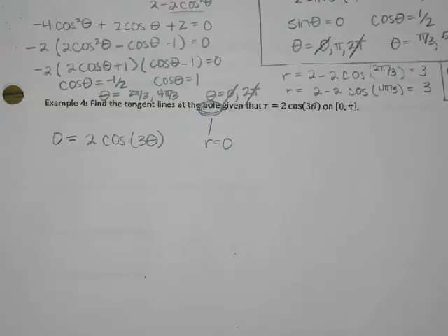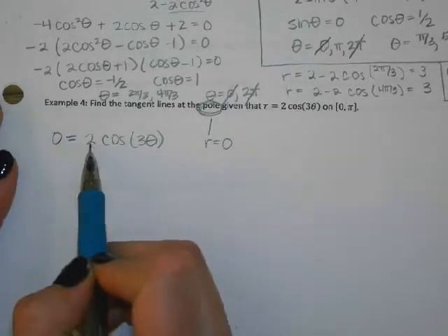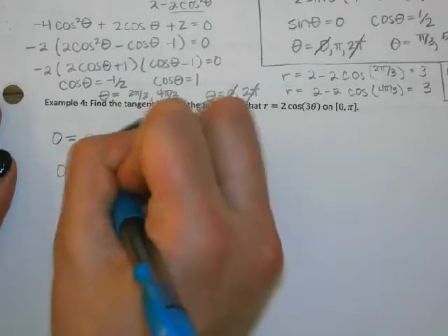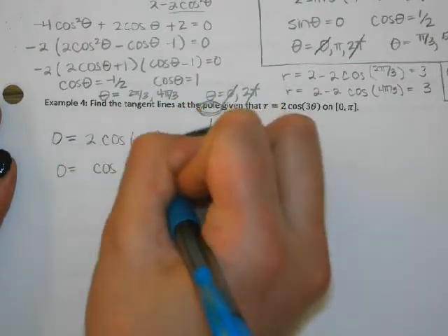I set r equal to 0 because it told me that we were looking at the pole. So I already know the r coordinate of the point where the tangent line is happening. Now I just have to find what my theta is going to be. So I'm going to divide the 2 over, which gives me 0 equals cos of 3 theta.